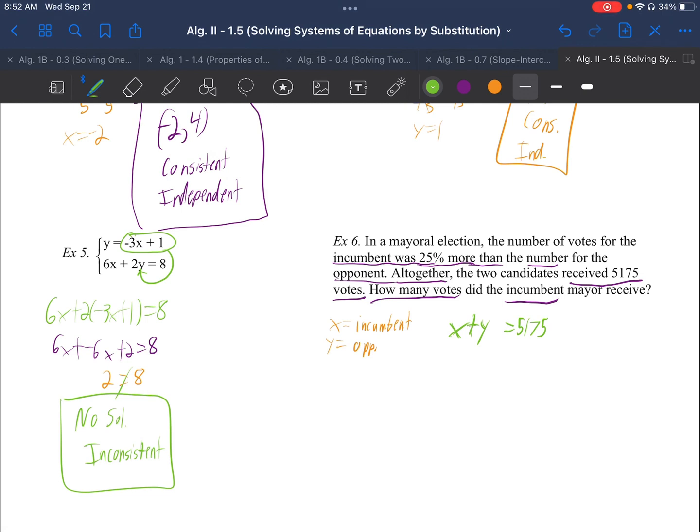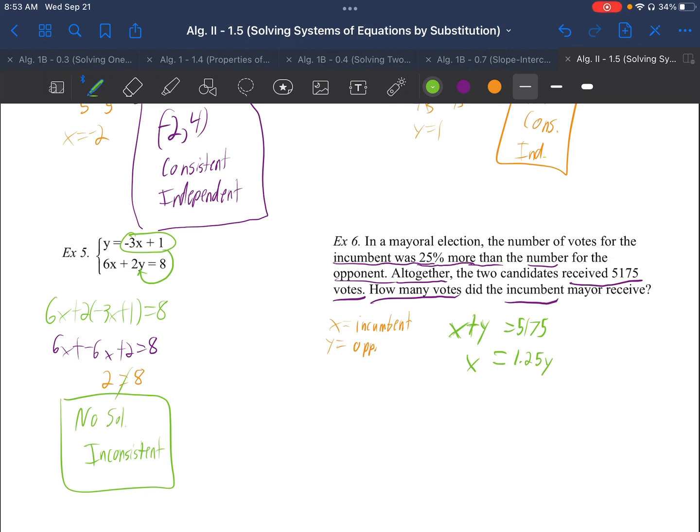And then we're also told that the number of votes for the incumbent was 25% more than the number for the opponent. So what we're going to do is take the incumbent, I'm going to say that really is, or is equal to, 25% more, meaning that's really 1.25 times y.